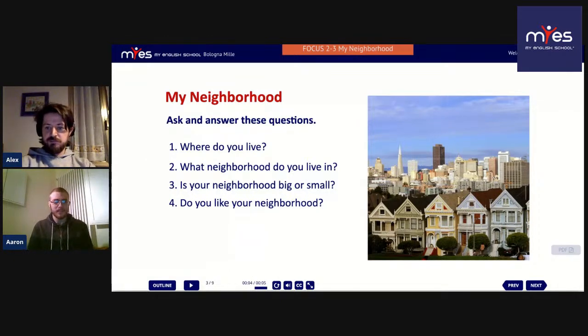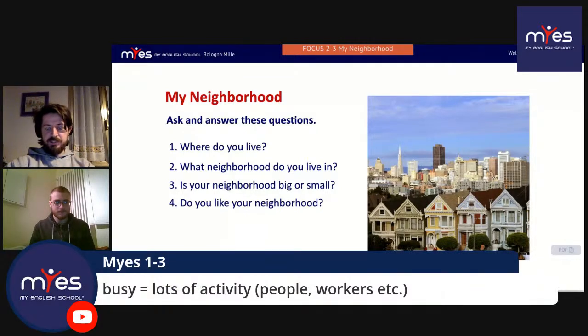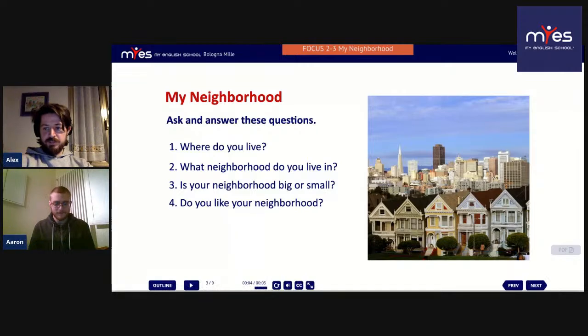Yeah, lots of people moving, shops, bars, restaurants, active. Workers, etc. So, for example, Milan is a very busy city. Rome is a very busy city. Both of these are busy cities.